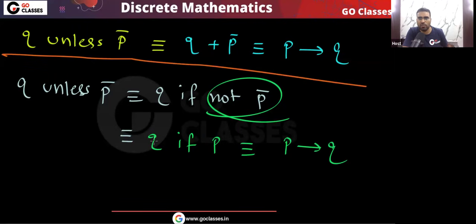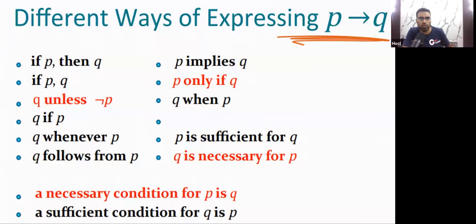Very simple, right? So remember, unless is the same as if not, or I can say unless is the same as or. So P implies Q, you can write as Q unless negation P. Here you can see P is a sufficient condition for Q, and Q is a necessary condition for P. All these things we have seen in the previous lecture.